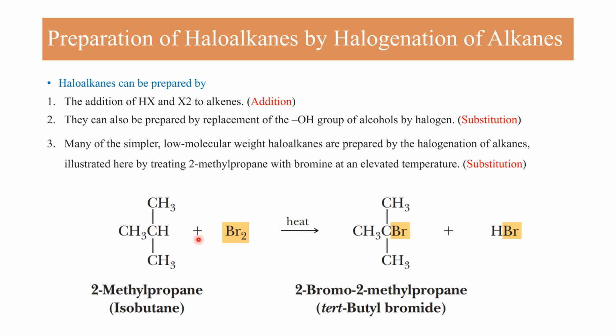So if you are keeping that alkane, that 2-methyl propane, and that bromine in a bottle or in glassware, and you are keeping that in darkness, then nothing is going to happen with that reaction. But when you are applying the light or you're providing heat, that will give you the substitution reaction, right?